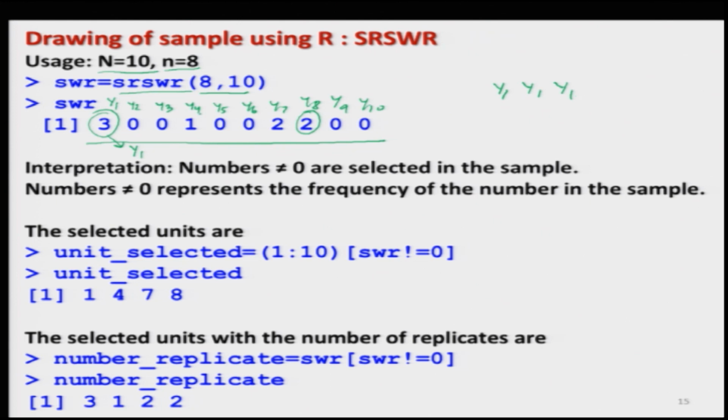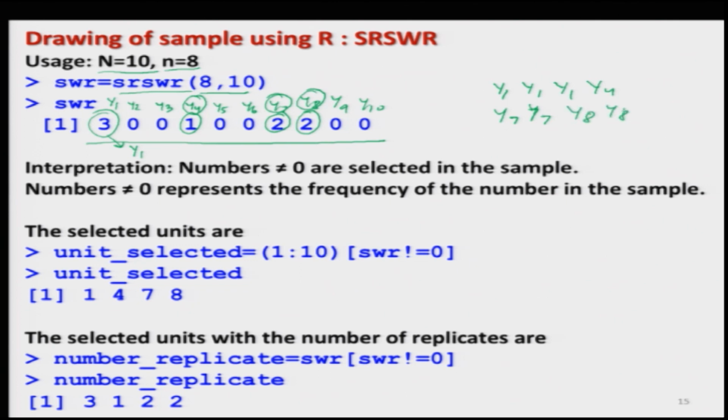Now, it is saying that there is one value corresponding to y4. So, that means another value selected is y4, and similarly here it is 2 corresponding to y7. So, that means there are 2 values corresponding to y7, and there are 2 values here corresponding to 8. So, y8 and y8 are occurring 2 times.